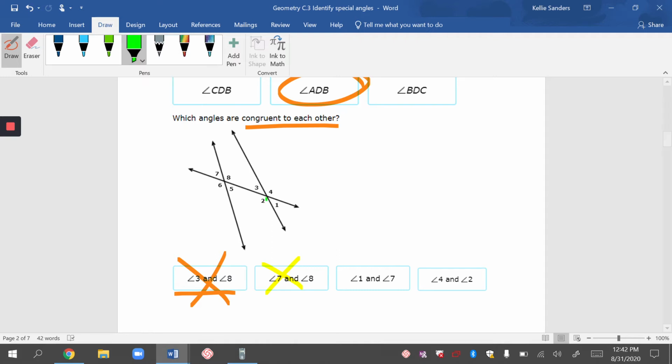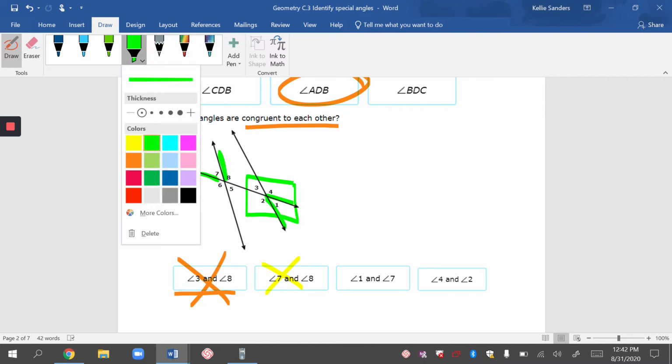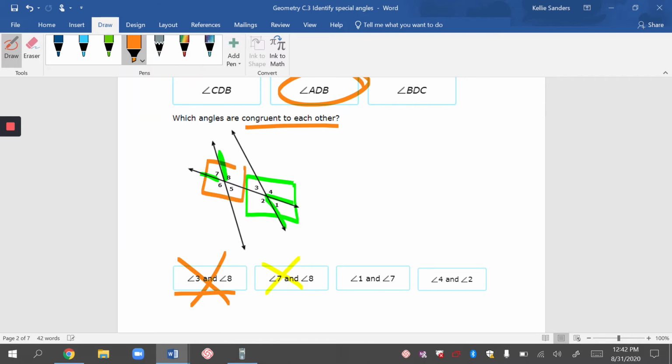Okay, angle 1 and angle 7. On these pictures, the only ones that could be congruent are in those groups by themselves. So only 1, 2, 3, and 4 could be congruent, and 5, 6, 7, and 8 could be congruent. They're not going to be congruent to each other.